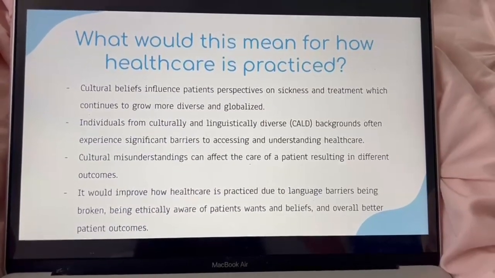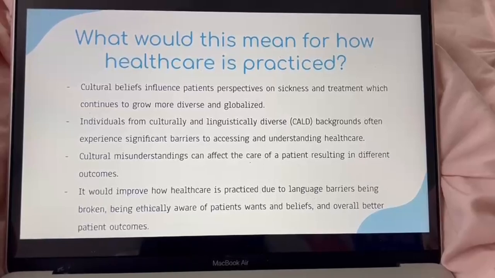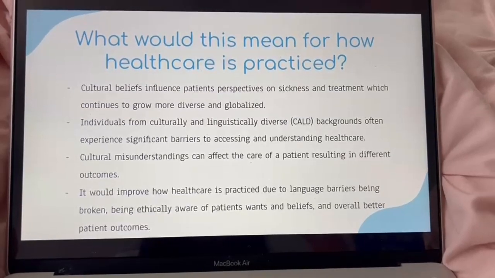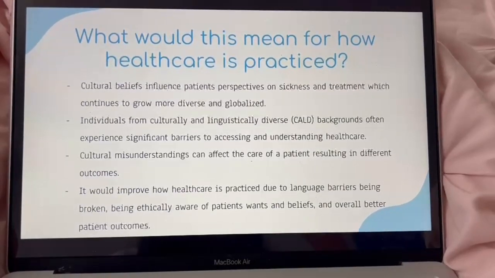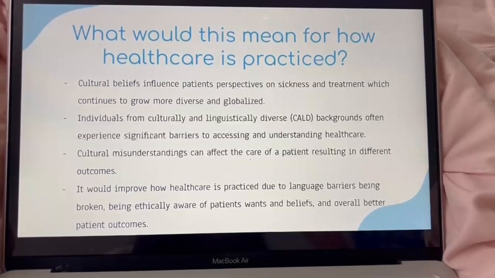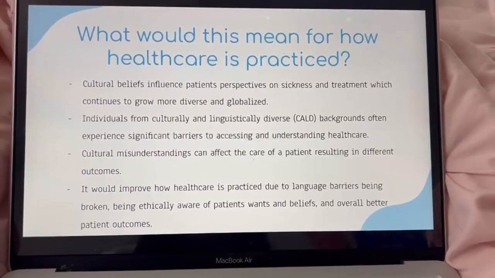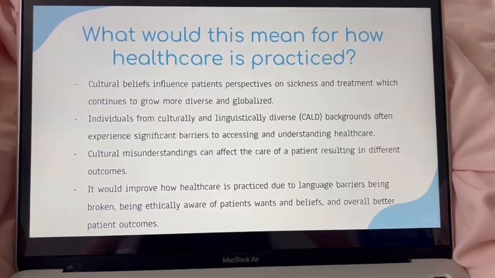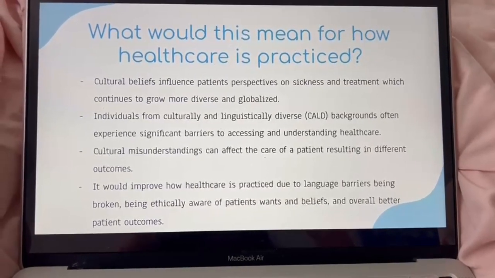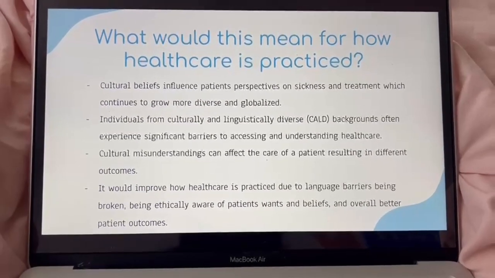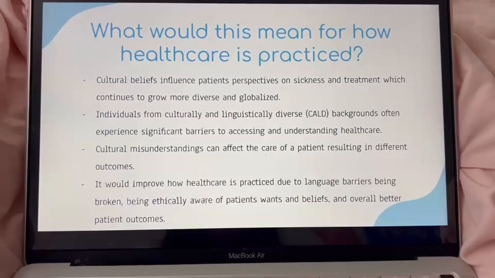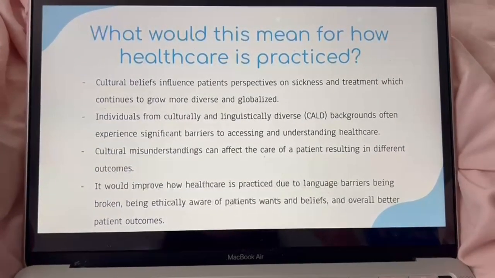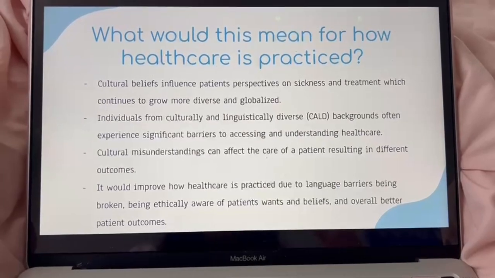It would improve how healthcare is practiced due to language barriers being broken, being ethically aware of patients' wants and beliefs, and improving overall patient outcomes. Basically, healthcare would be practiced more efficiently, providing ways to understand how different cultures, beliefs, and wants fit within healthcare and how to meet the patient's needs.